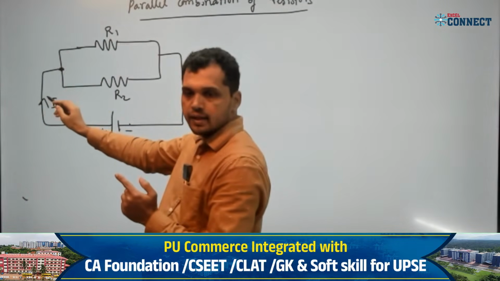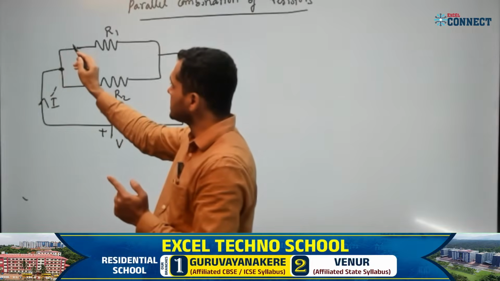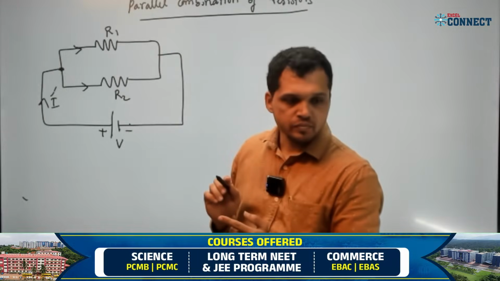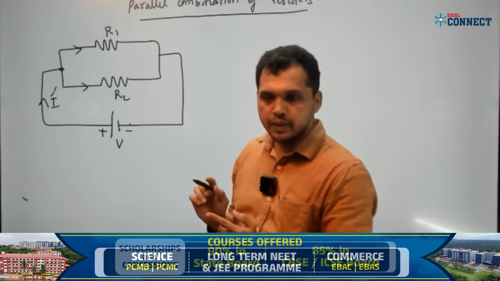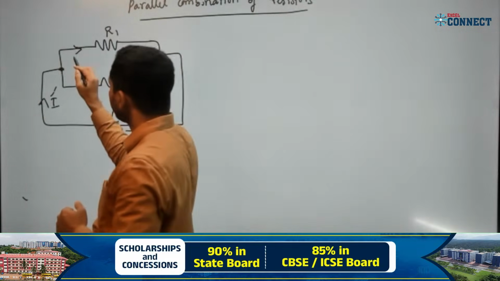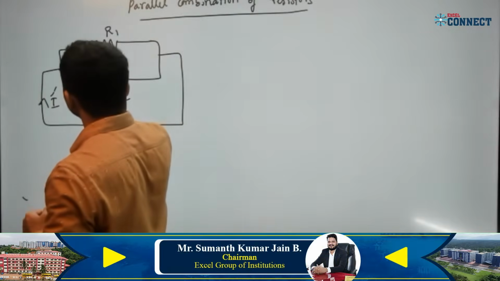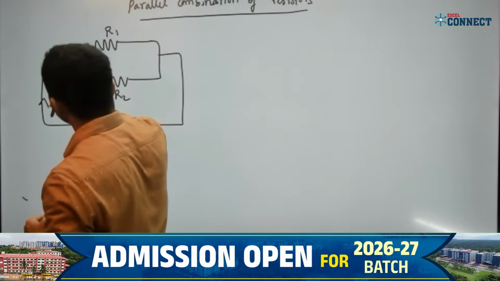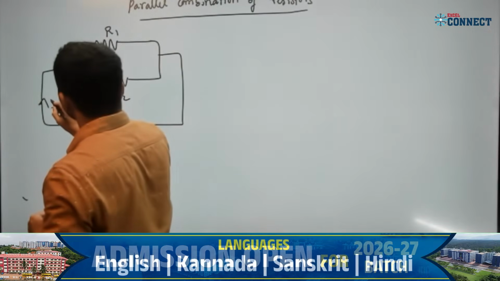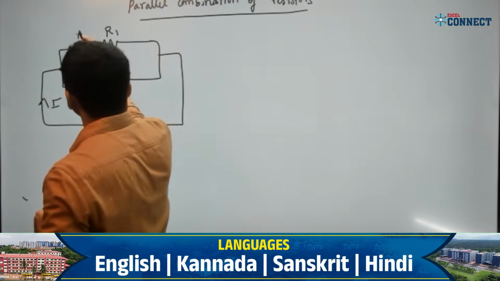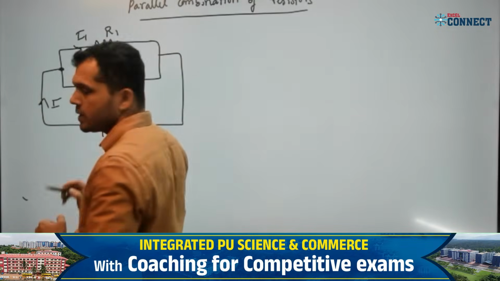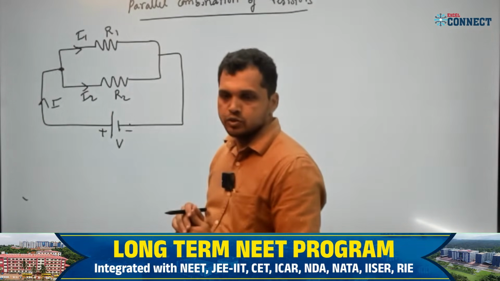Total current is I. Here the current will split into these two branches. I will take the split currents as I1 and I2.